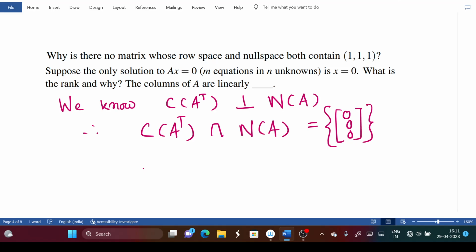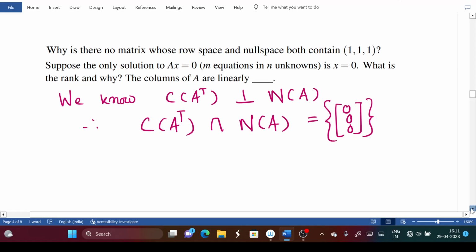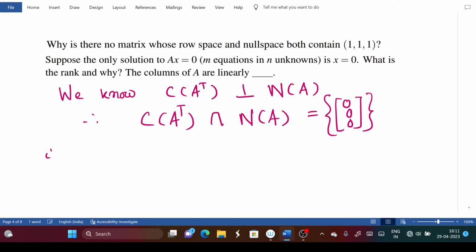So no non-zero vector belongs to both the spaces. That is, no non-zero vector is common to both the spaces.